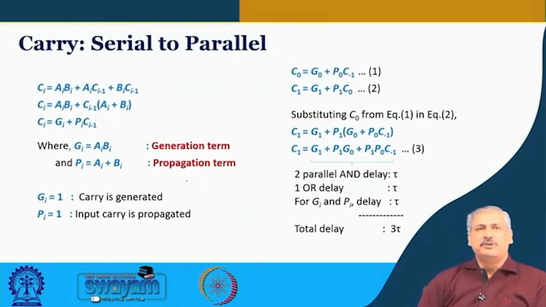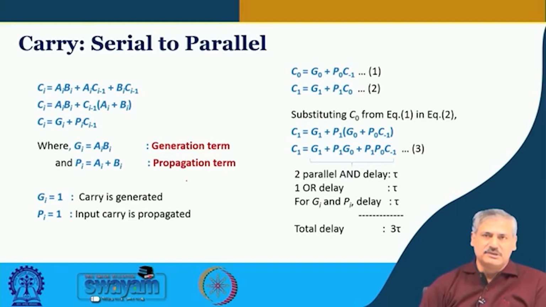Now, we said that we would look at some mechanism by which this addition time can be reduced, right, because we have seen that if the number of bits is more, then the delay is getting accumulated. I mean, if it is n, it is 2n tau, that kind of thing. So, one way of doing it is to investigate the carry generation equation.